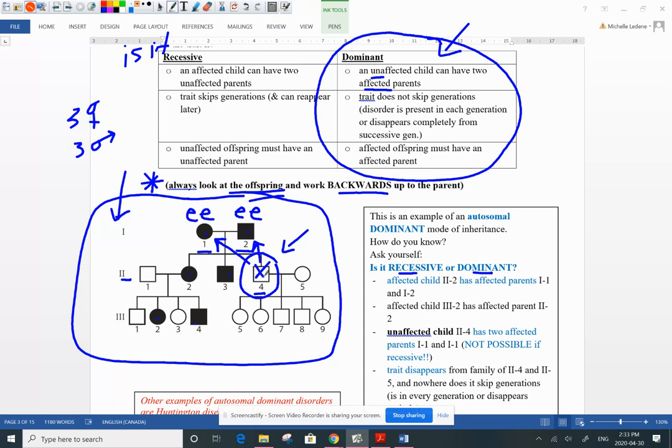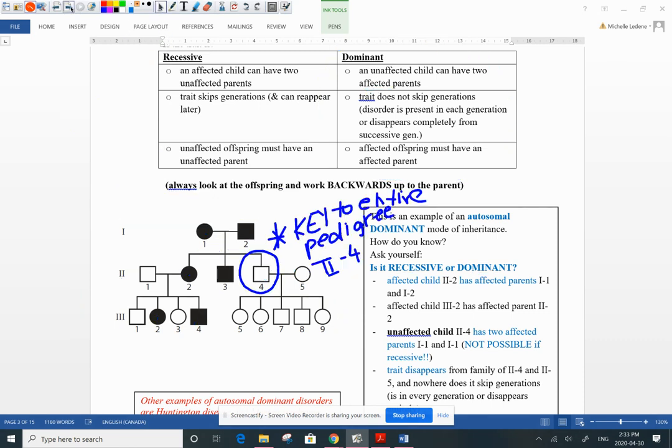There's no way that this child could be anything other than little e, right? If you have both parents homozygous recessive, that child has to be homozygous recessive. So this can't be recessive. This has to be a dominant trait. And that child, 2-4, is the key to the entire pedigree.